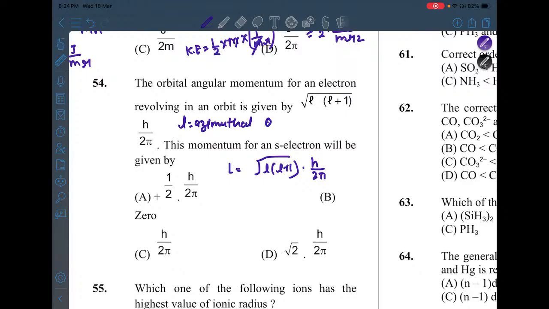For an s electron the value of L is 0, for p it is 1, for d it is 2, and for f it is 3. So the value of L for the s electron is 0, and the correct answer is 0. Option B is correct.